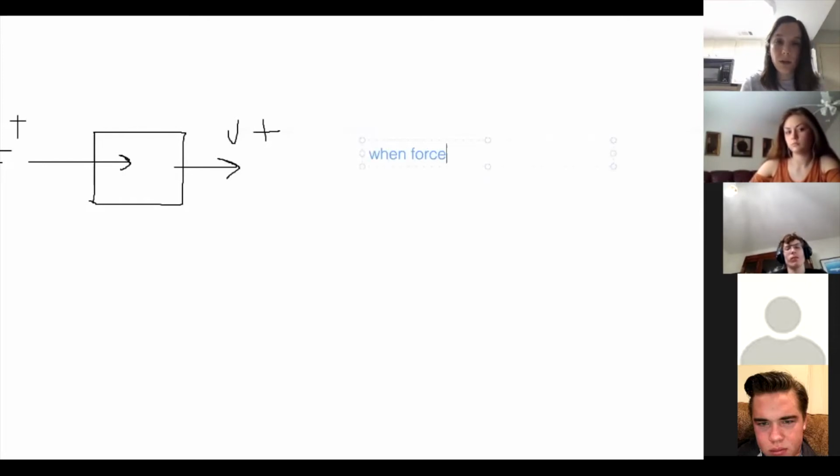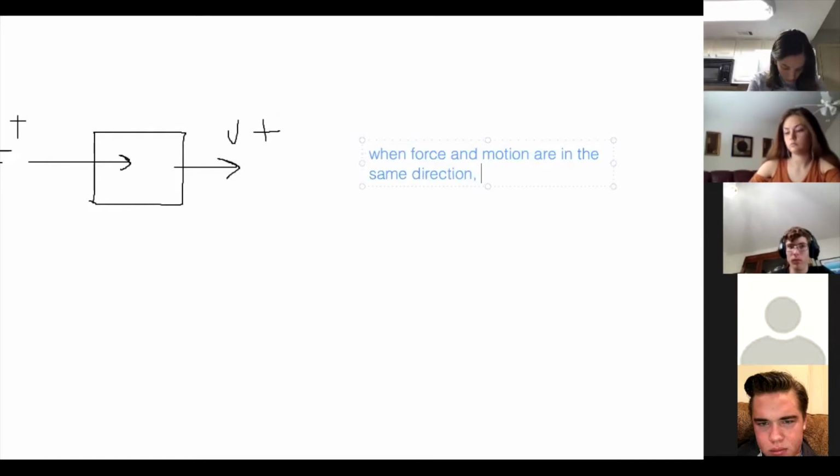So when force and motion are in the same direction, positive work is done.